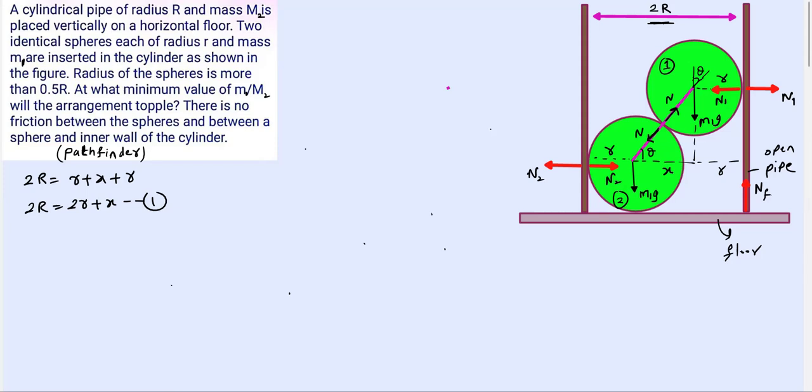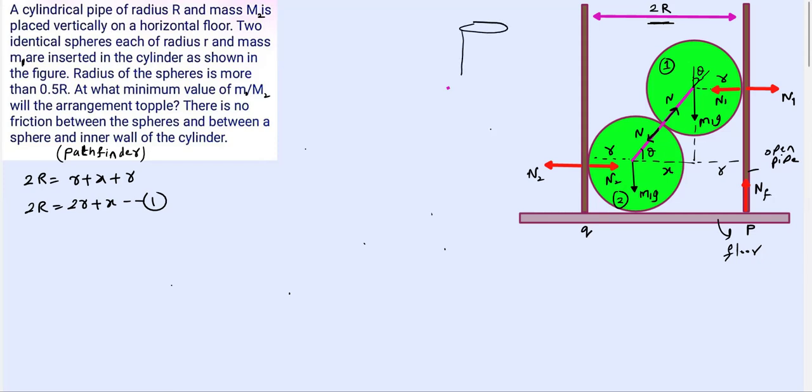When this pipe is about to topple like this, the second sphere will not be in contact with the floor. This is the basic condition. When the pipe is about to topple, what is the toppling point? The toppling point we'll choose as P, and we have Q.